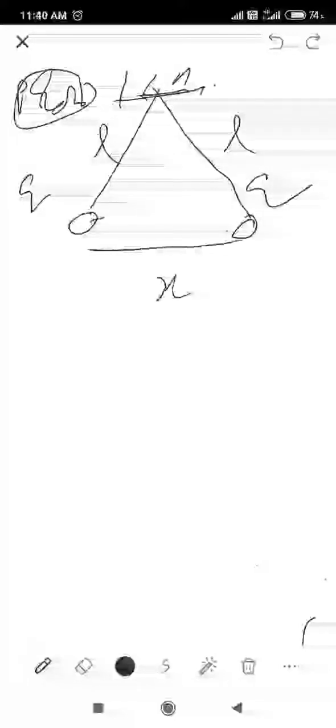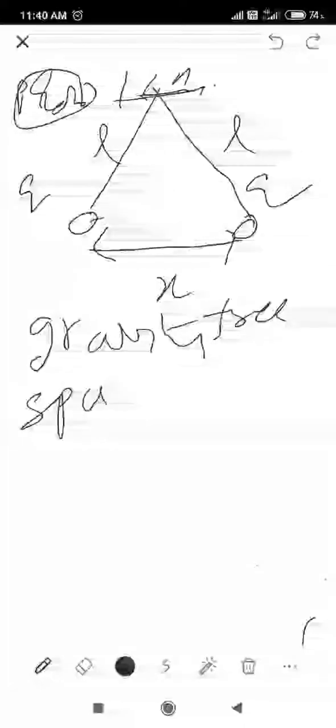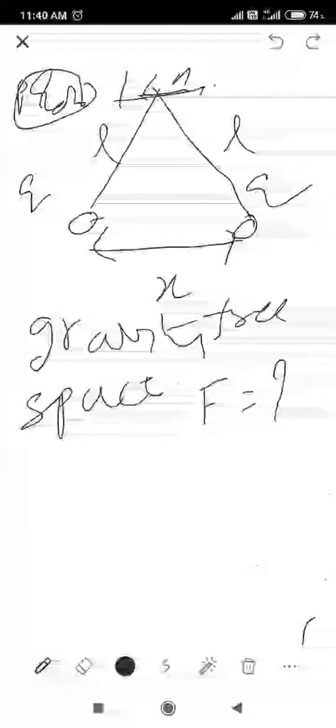Length of each thread is L. Now they are separated by X. If this arrangement is taken to gravity free space, what is the force between the two charges and what is the angle between the threads?